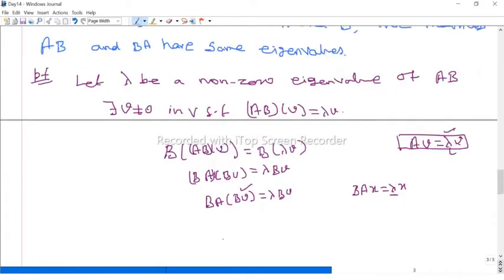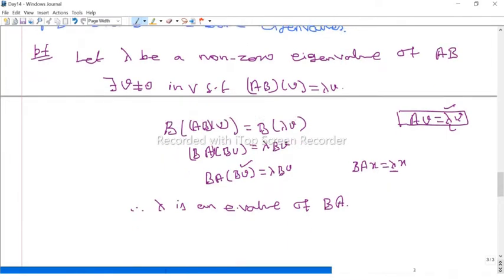From this we can conclude that lambda is an eigenvalue of BA. We started with lambda as a non-zero eigenvalue of AB, and now we have proved that lambda is an eigenvalue of BA.